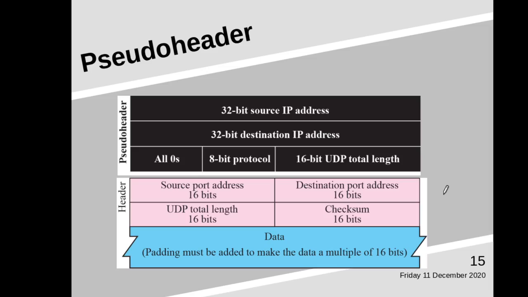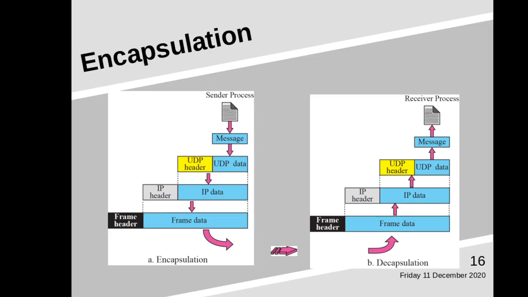Now again you will see something about the pseudo header. With this, you can have a pseudo header. Actually it is a part of the header of the IP packet. You can understand the 32-bit IP address and protocol, right? Now we can see how it is encapsulated.